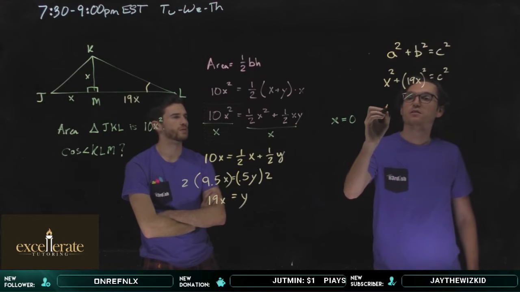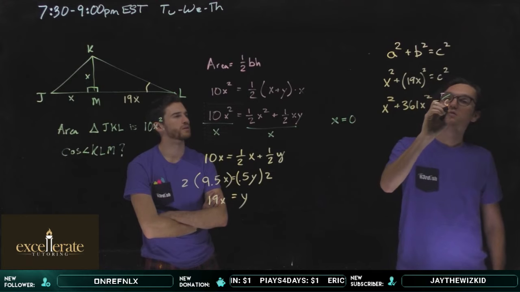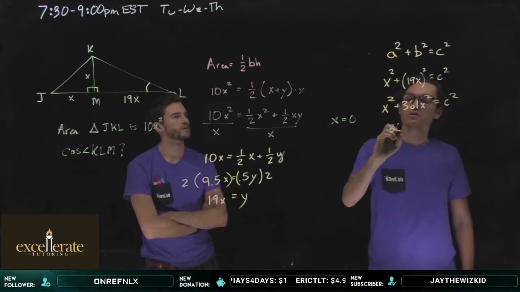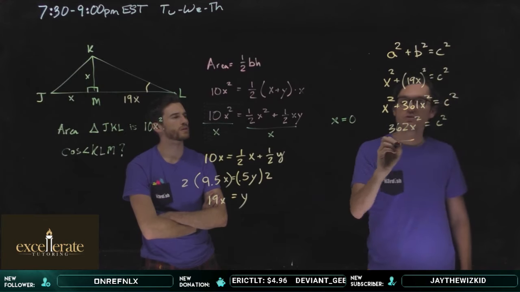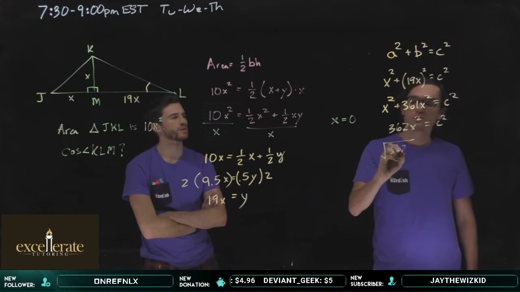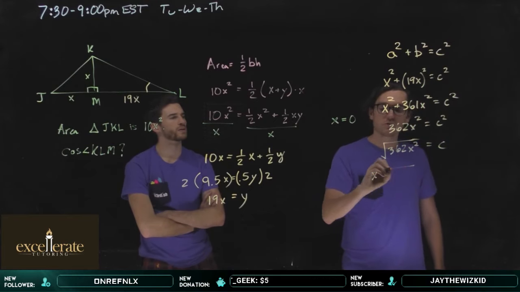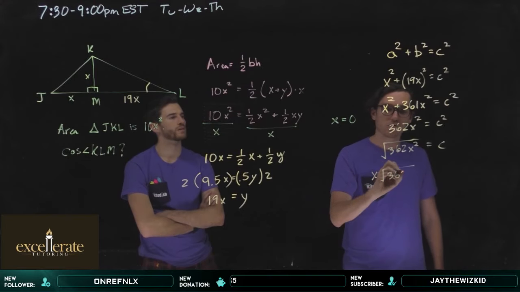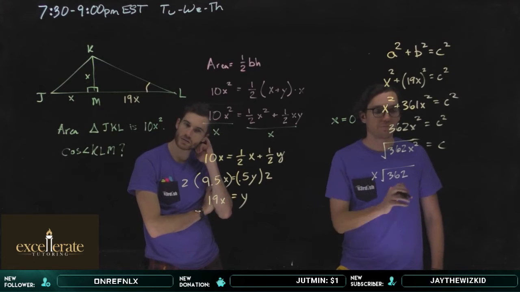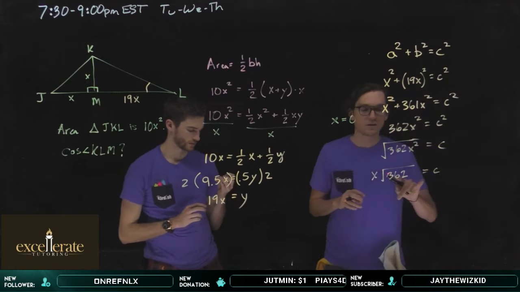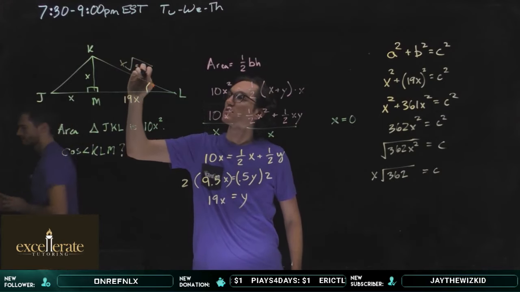Okay, nice. x squared plus 361 x squared is equal to c squared. This is going to be 362 x squared is equal to c squared. So our c value is going to be the square root of 362 x squared, which is going to be x times the square root of 362, which we could probably simplify. But for right now, I'm just going to leave it like that. So this is going to be x times the square root of 362.